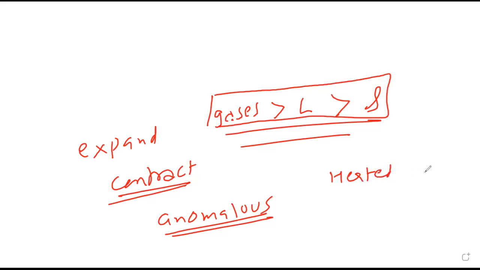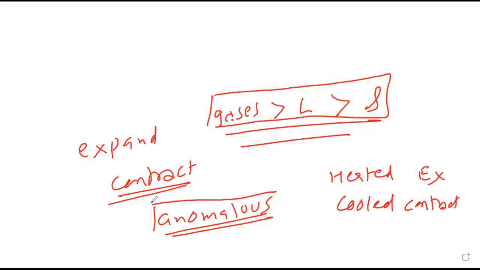Heated means expand, cooled means contract. But suppose it is giving the opposite behavior, then it is called abnormal. That means which behavior? Anomalous. Sir, we have to study the anomalous behavior of water.